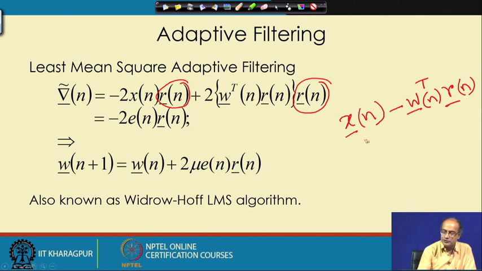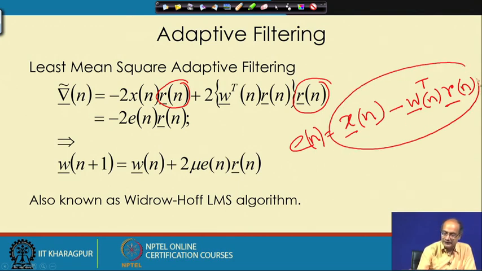This is a very known form; this is our error at instant n. Replacing this in the equation and simplifying, the gradient is minus 2 e n times vector r n.